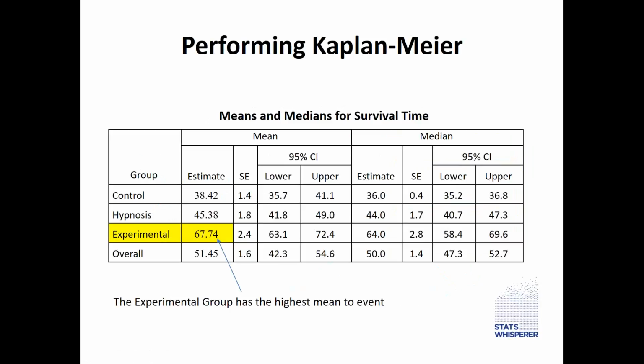So the average person in the experimental group after the intervention did not smoke for about 68 weeks. And in the control, it's almost half that, 38 weeks until the average person started smoking again. And the hypnosis group is somewhere in the middle, where the average person started smoking 45.38 weeks after the intervention.